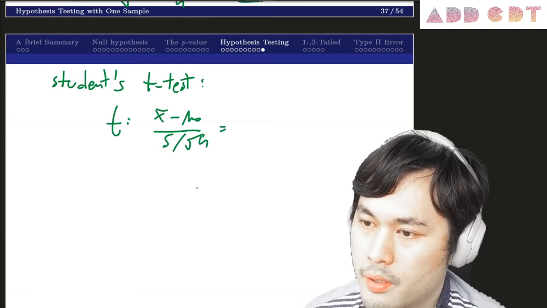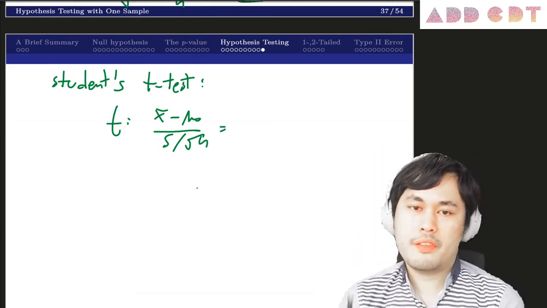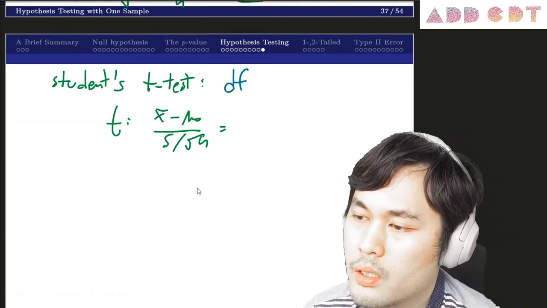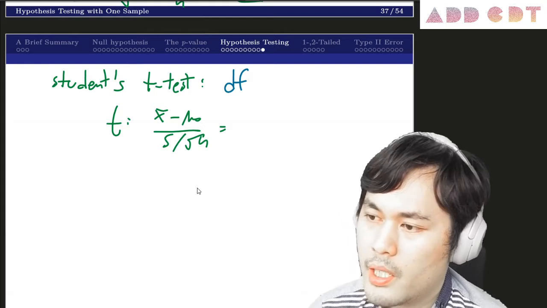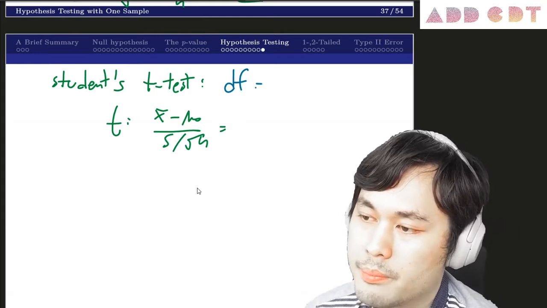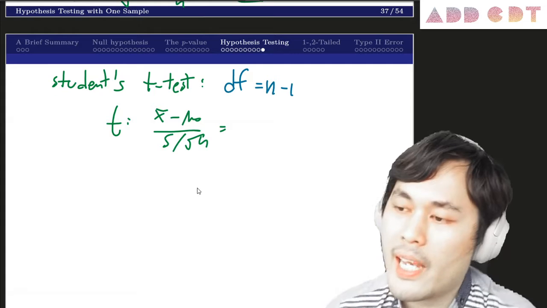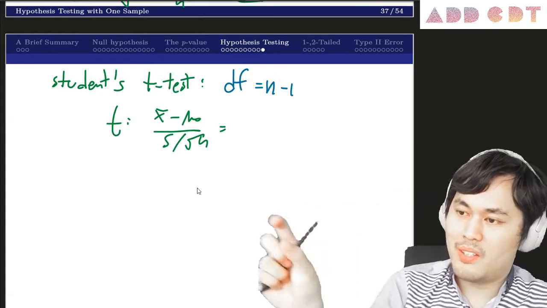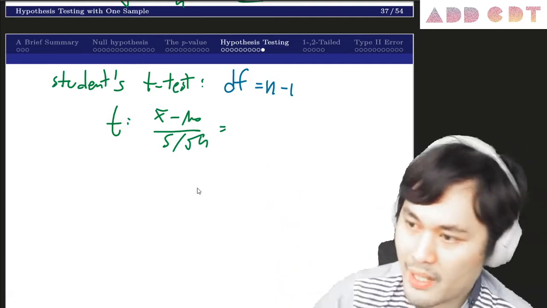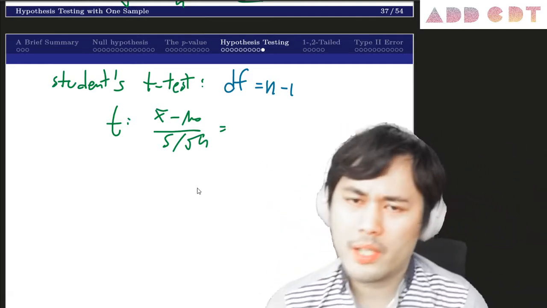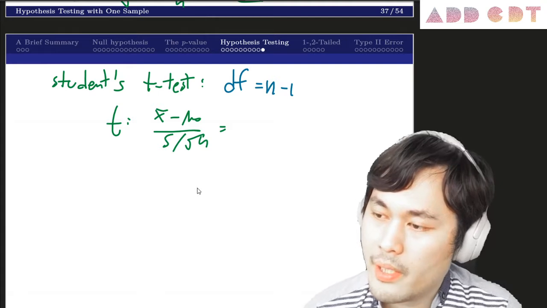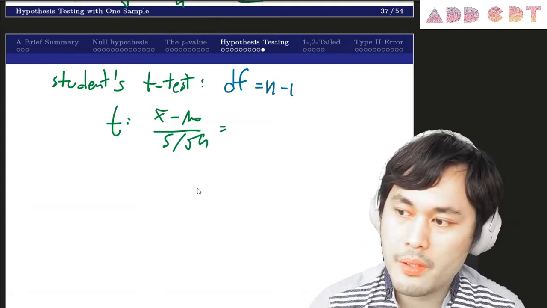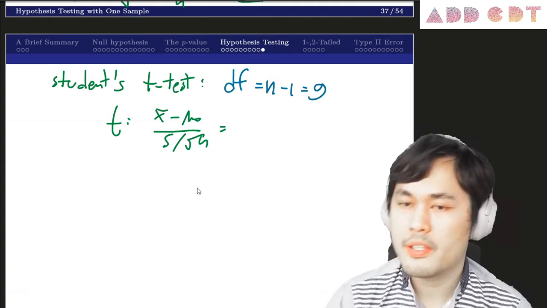Since the student's t-test depends on the sample size, we have to add another parameter here, which is the degree of freedom. And again, I didn't teach this. If you understand that you have to get that number and just plug it into your calculator. In this case, you also need to use the sample size. Since there are 10, that number is 9.